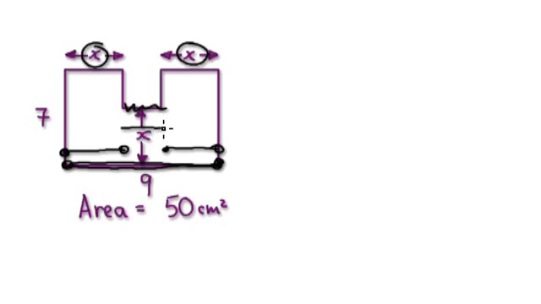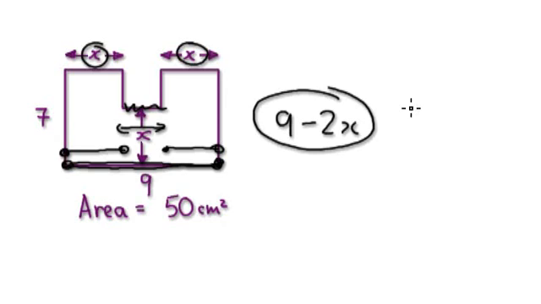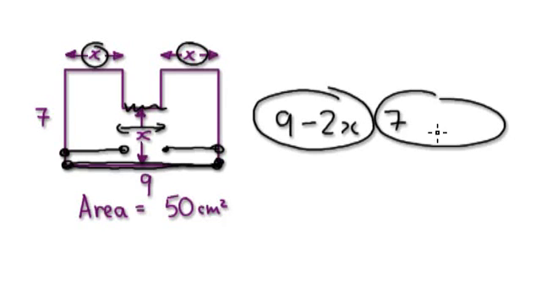So this length here is 9 take away 2x. So you get 9 take away 2x, times 7 minus x here.